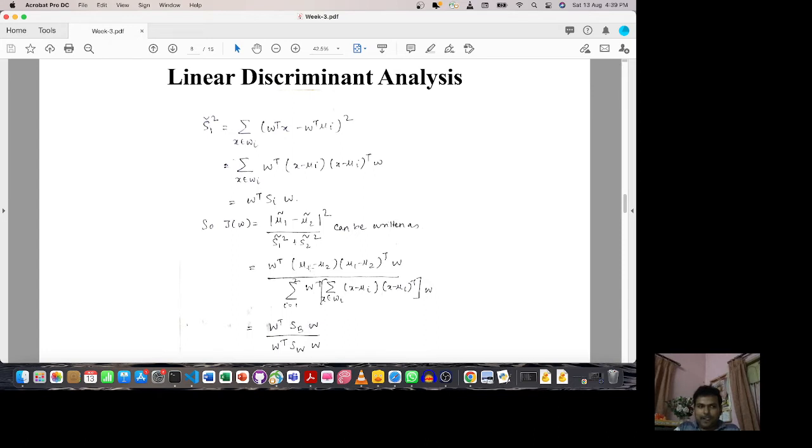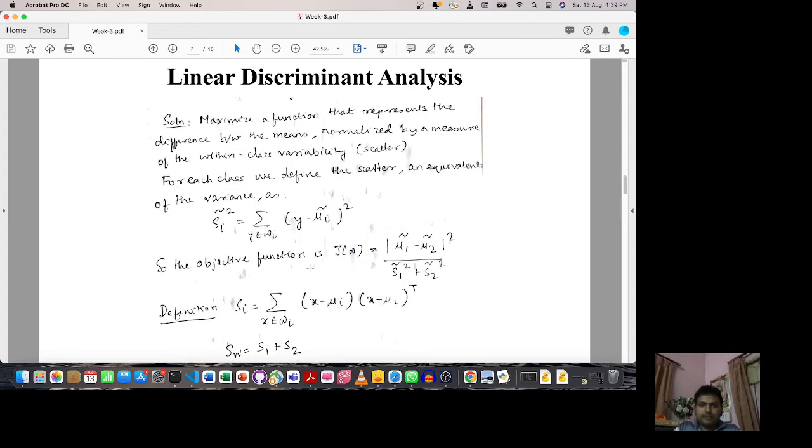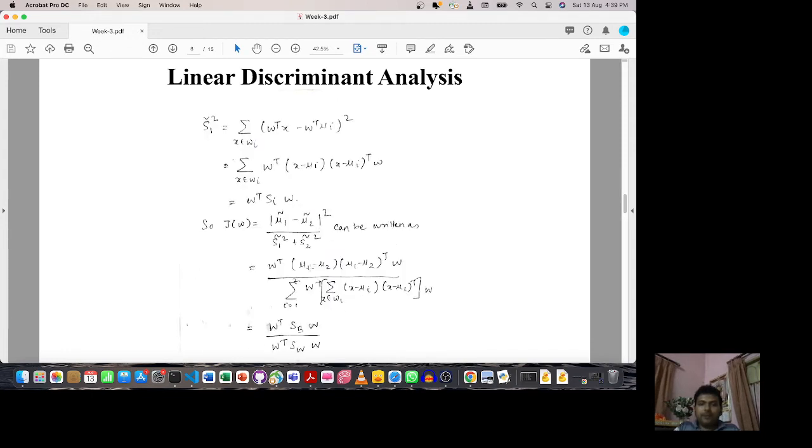Mu1 is just the average of all the points in class 1. It is the average of all points which are of dimension m cross 1, so it should be m cross 1 only. So mu1 is m cross 1, mu2 is also m cross 1.